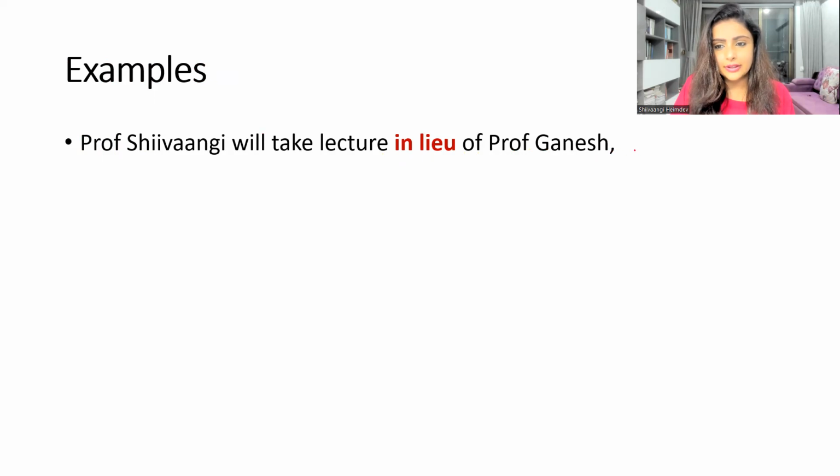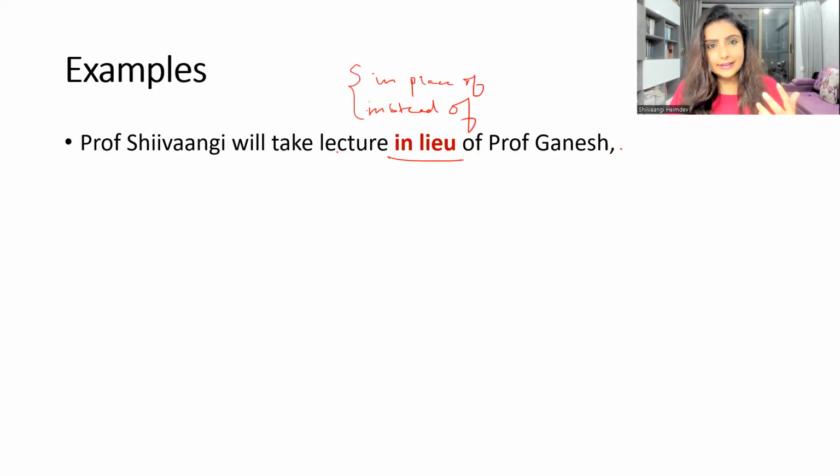This is a full stop, ignore the comma. I can very well substitute this for "instead of". So, Professor Shivangi will take the lecture instead of Professor Ganesh, or in place of Professor Ganesh. Now, when I say "will take the lecture", this again seems to be a very formal context.